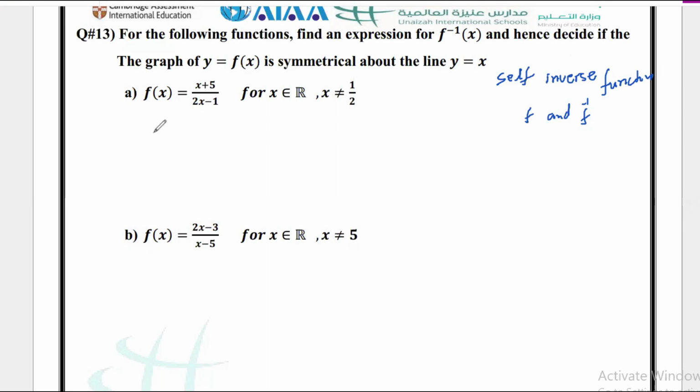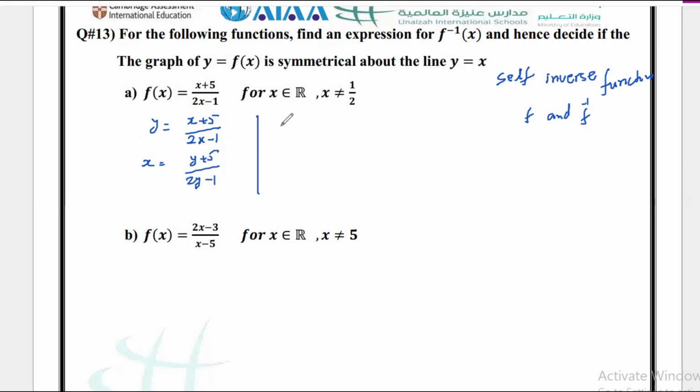So here if we check, this one would be y is equal to x plus 5 over 2x minus 1. I'm looking for the inverse of this. So we can cross multiply, but before cross multiplying you can change x and y. So x is equal to y plus 5 over 2y minus 1.